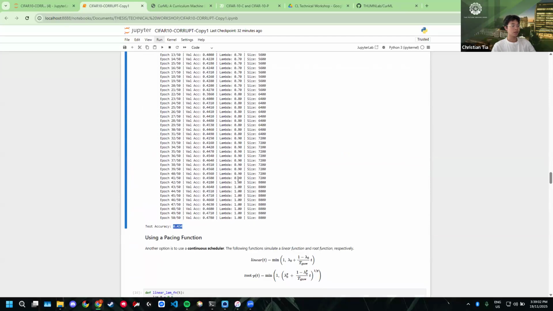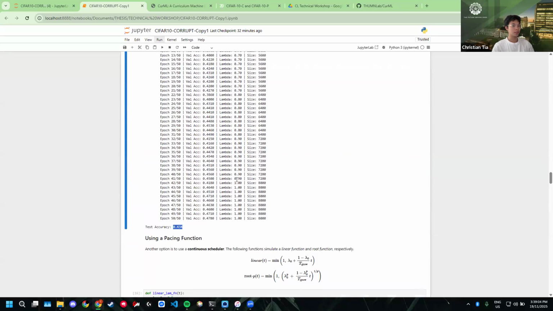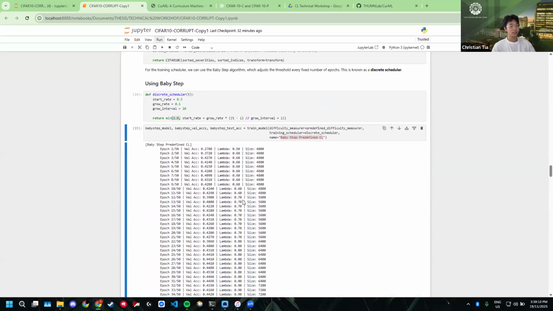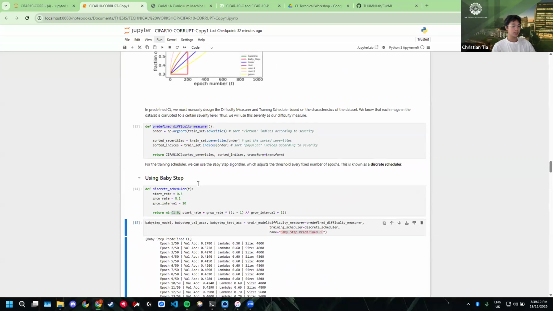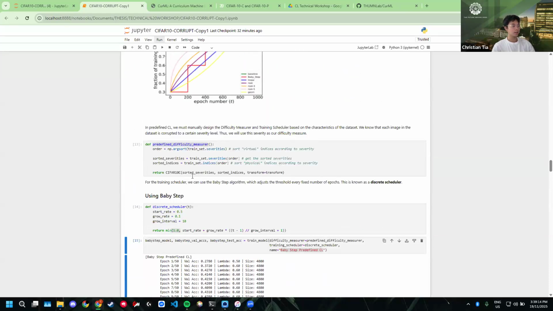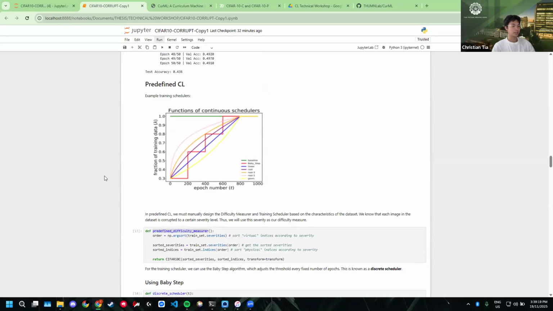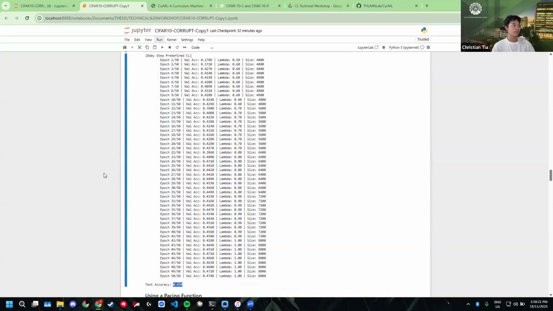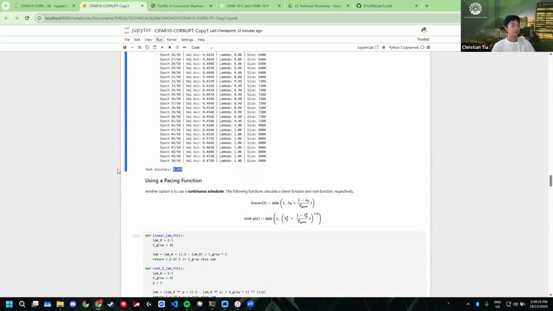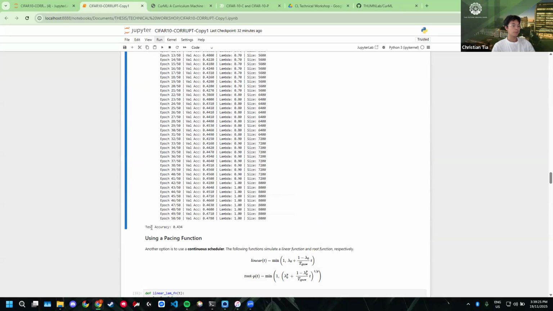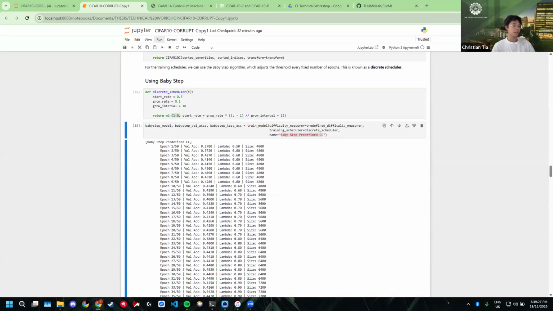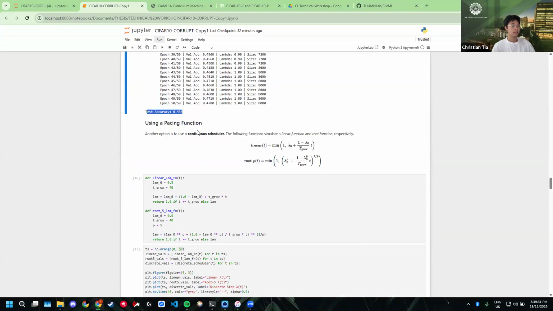And this highlights one weakness of curriculum learning, which is that you need a lot of experimentation because the training scheduler and the difficulty measure are highly dependent on hyperparameters and different factors, and there is no real methodology in how to select them. So you have to really explore different methods, different functions to see if you can improve the performance.